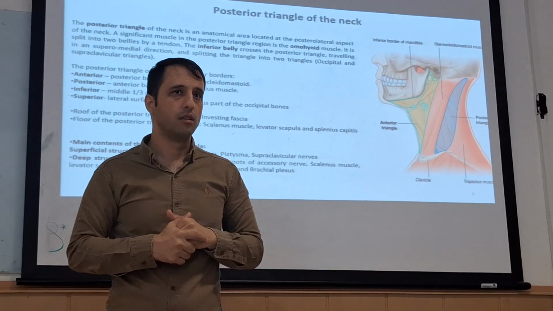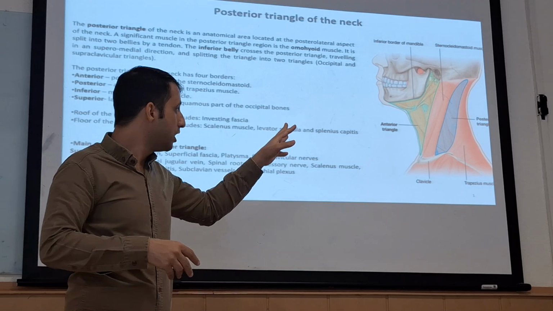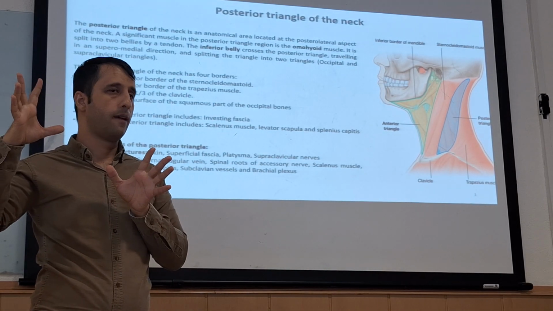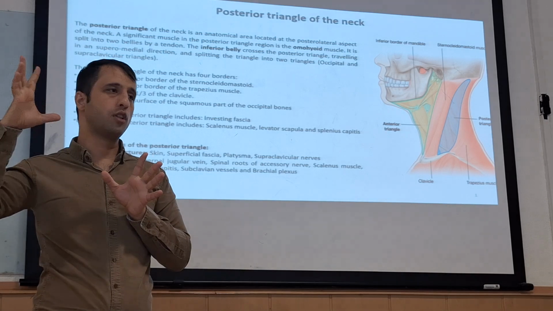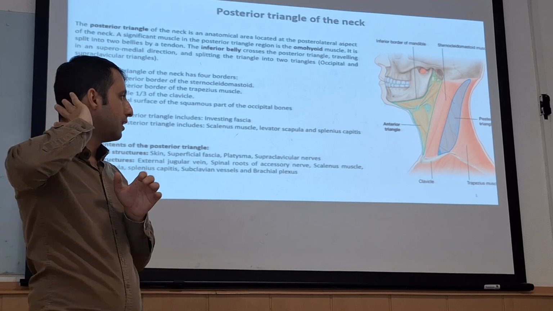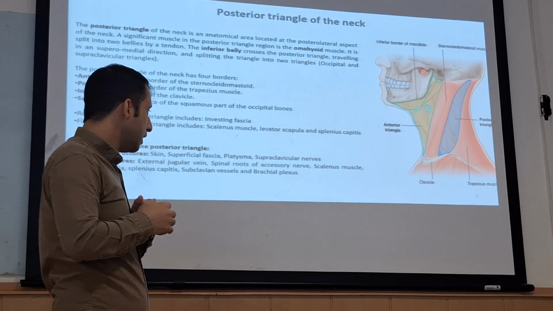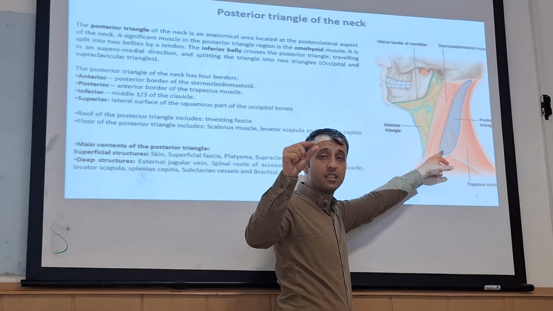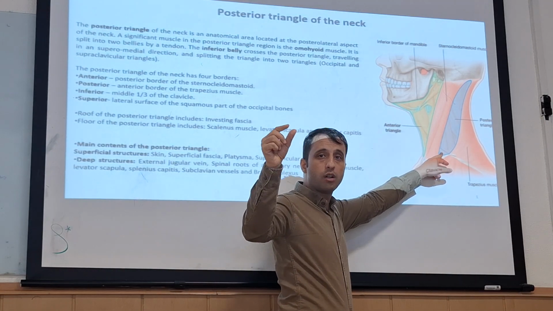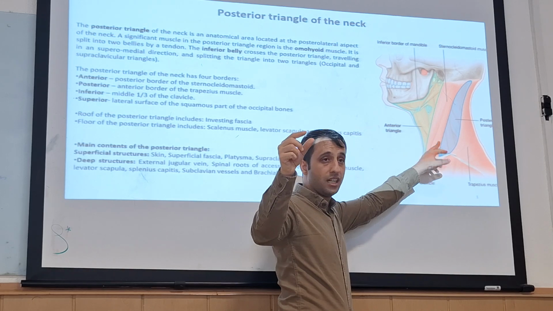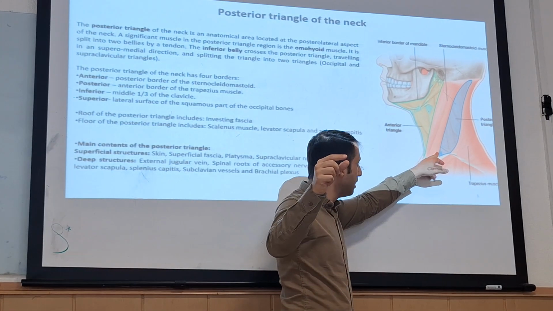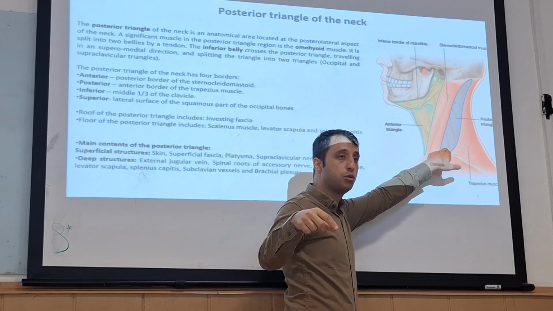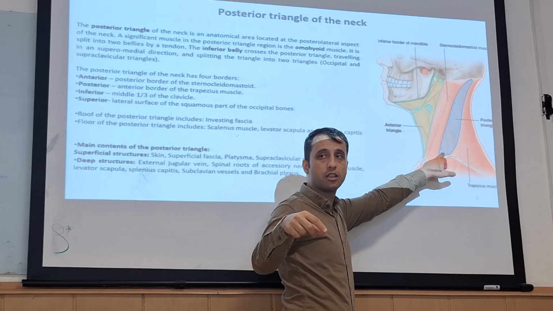the supraclavicular triangle. Okay? The structures in the posterior triangle are the muscles, for example the scalenus muscles, which are covered at this area. Another structure at this area, I say, is the external jugular vein, which pierces the investing fascia to enter the posterior triangle.